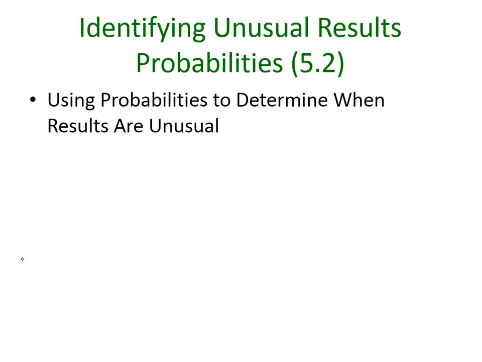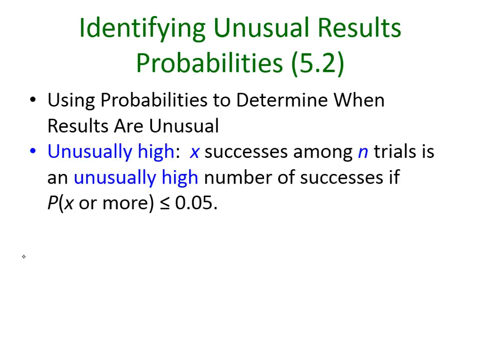So identifying what we think of as being unusual. When we're trying to figure out what we mean by unusual for this, well, we already said 95% of the values fall within 2 standard deviations of the mean. So if it's not usual, then it's the other 5% that's on those extremes. And so we use 5% as our range rule of thumb.